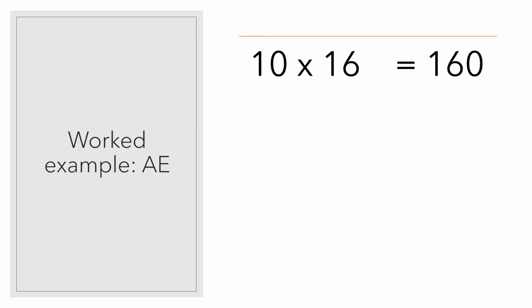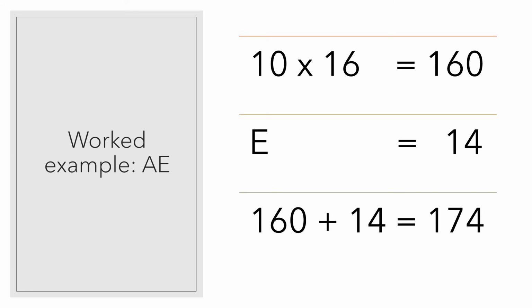A represents 10. It's in the 16s column, so 10 times 16 is 160. E is 14. Add 160 and 14, and the answer is 174. So AE in hexadecimal is the same as 174 in decimal.